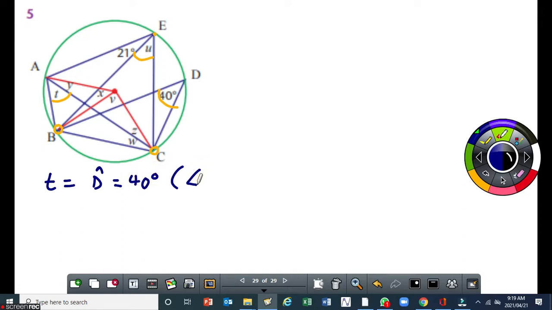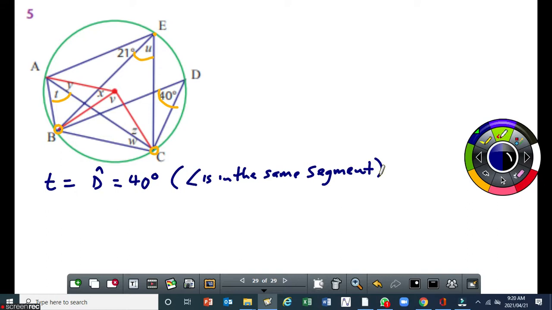My reason is angles in the same segment. Based on the examination guidelines that I gave you, if you count the number of rows from the bottom, 1, 2, 3, 4, 5, you go to the fifth one from the bottom. That's the reason I wrote.